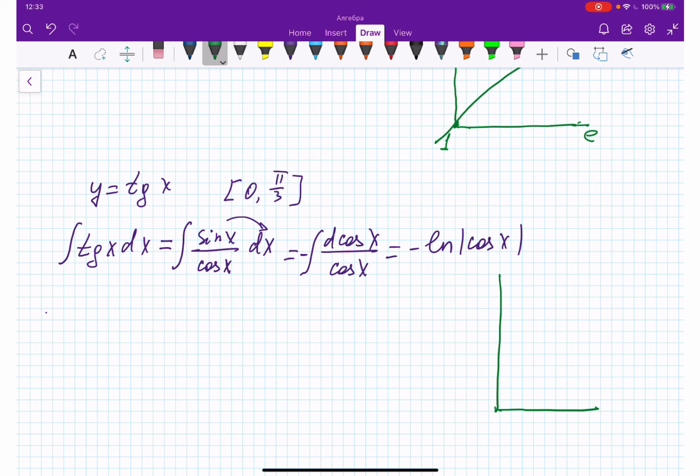Here I have pi over 3. So if you have a calculator or on the internet, you can find a table that will calculate for you how much tangent of pi over 3 is, about 1.7.